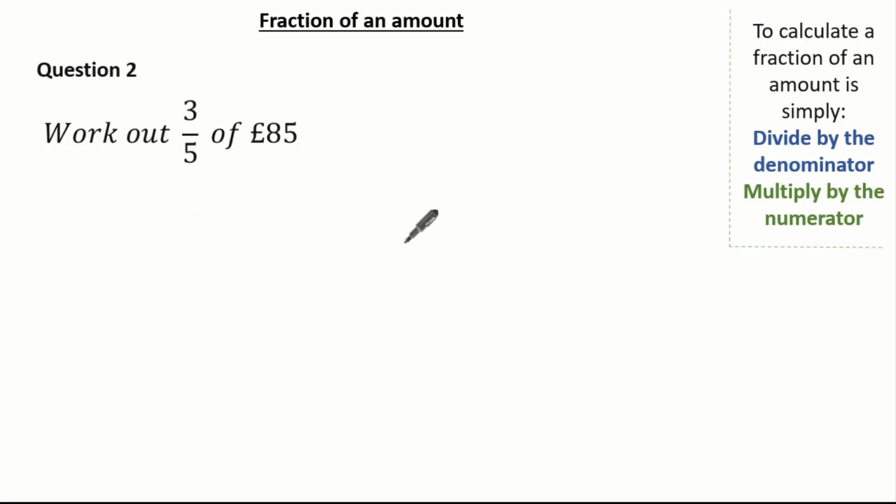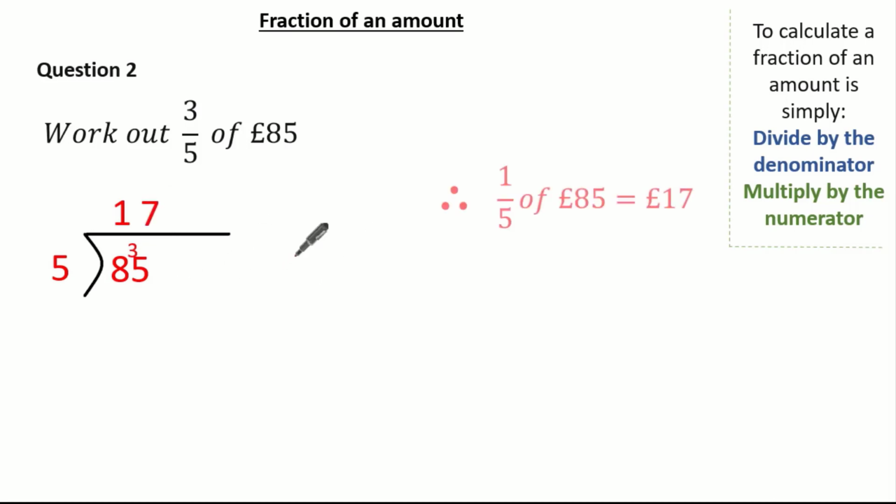Now looking at our next question, it wants me to work out 3/5 of £85. So just like before, let's divide by my denominator. 85 divided by 5. Well, how many 5s go into 8? 1. Remaining 3. How many 5s go into 35? Well, it's 17. So that means I know 1/5 of £85 is £17.